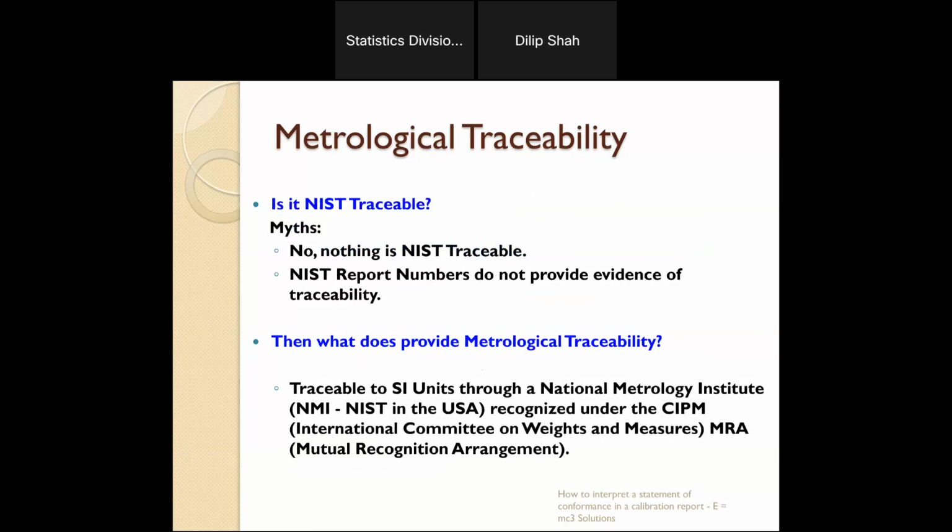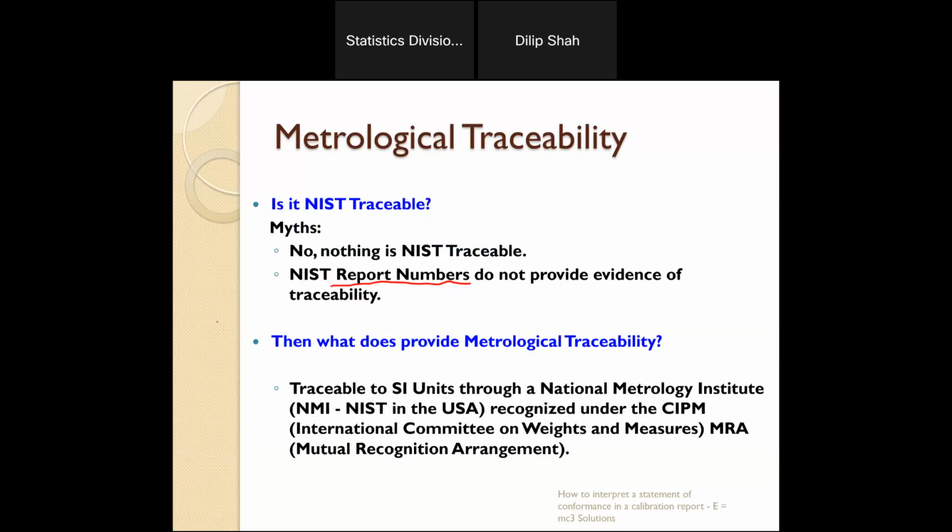So remember I said common terminology, is it NIST traceable? No, nothing is traceable. And sometimes in the past, people have associated NIST report numbers with proof of measurement traceability. But those are myths.